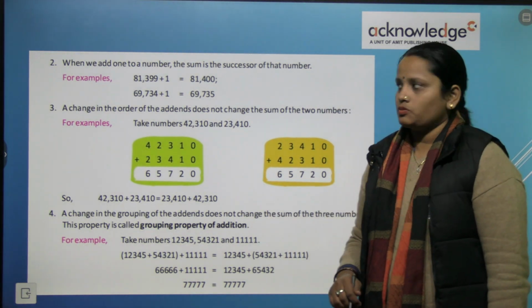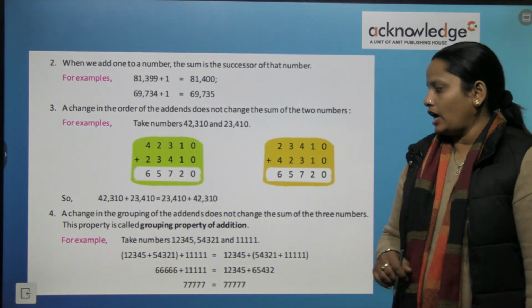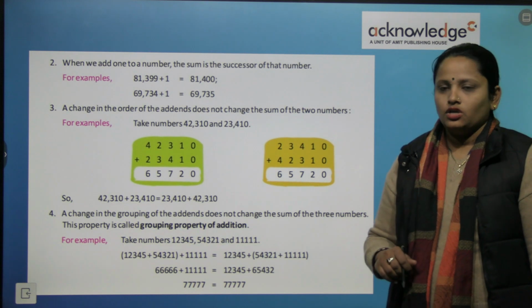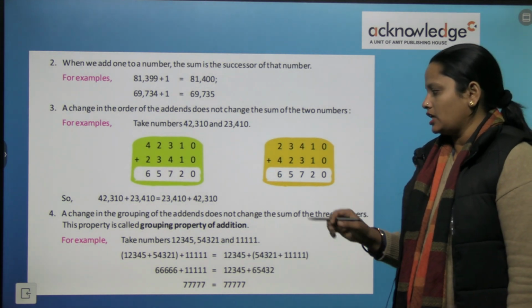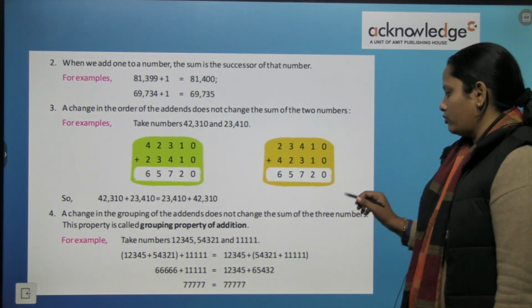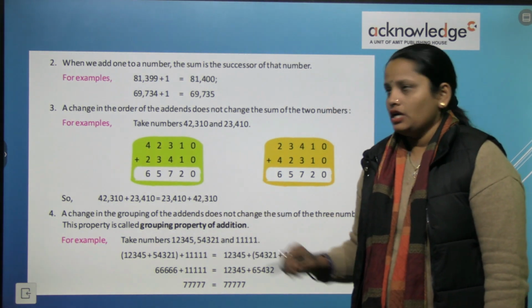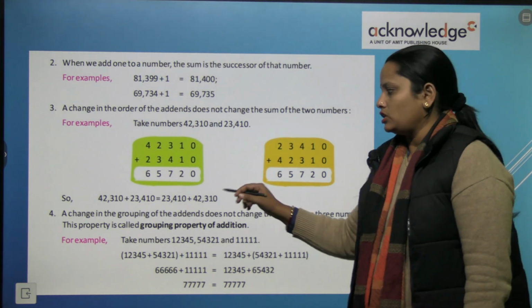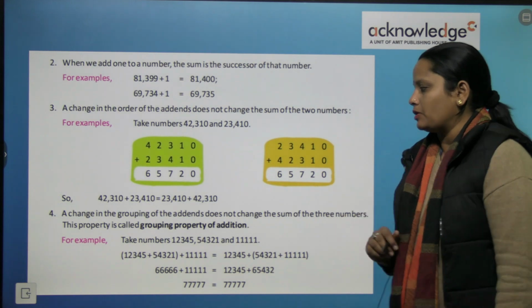So next rule is a change in the grouping of the addends does not change the sum of the three numbers. तीनों numbers के sum को change नहीं करता है. Same as rule number 3. This property is called grouping property of addition, और इसे ही grouping property कहते हैं addition की.